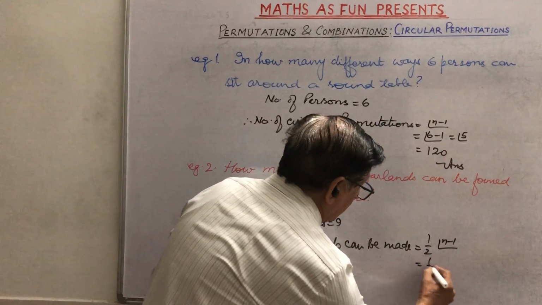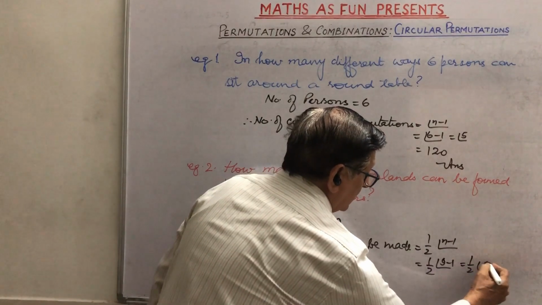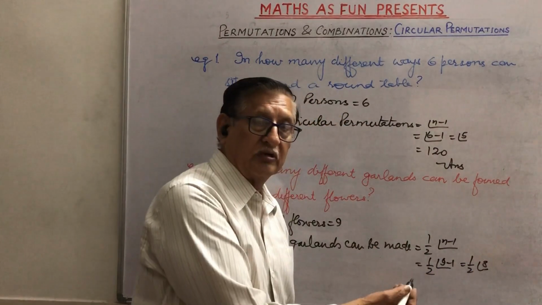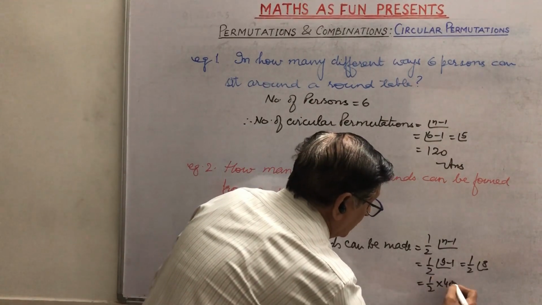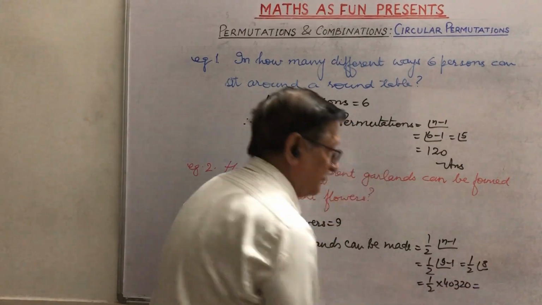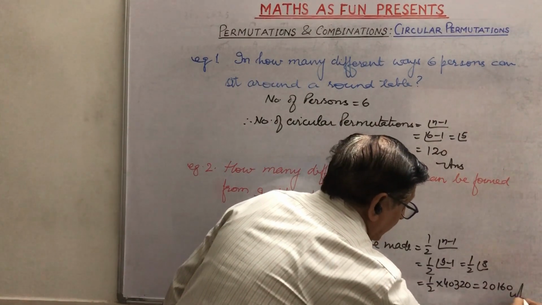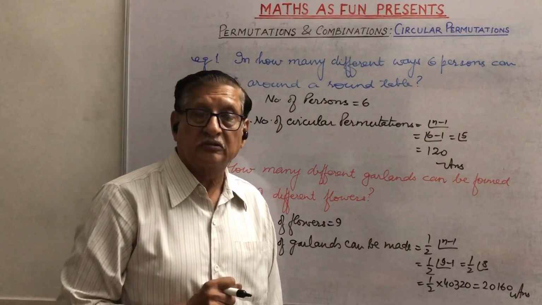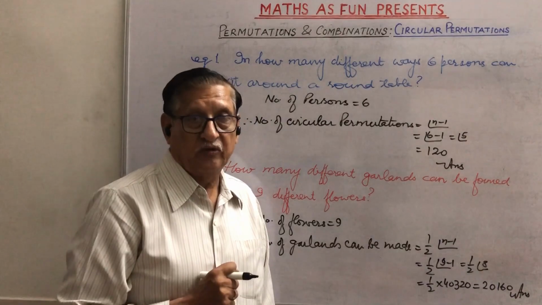Half into factorial 9 minus 1, that is half into factorial 8. And we know factorial 8 is 40320. So this is half into 40320, which is equal to 20160. It means 20,160 garlands can be formed from 9 different flowers.